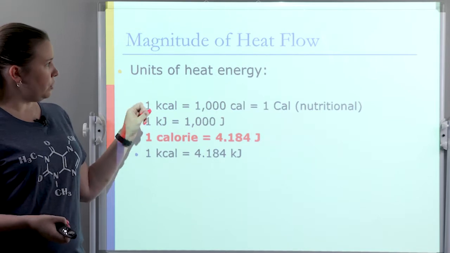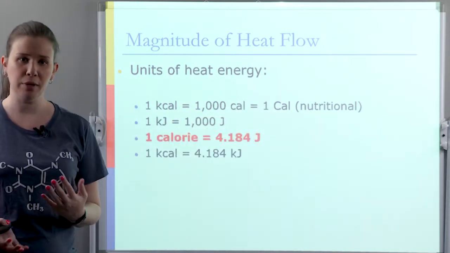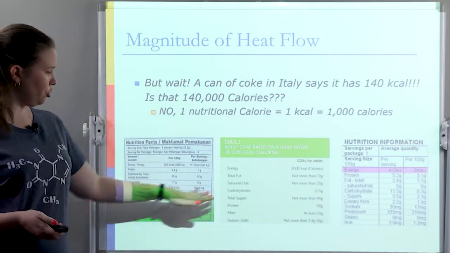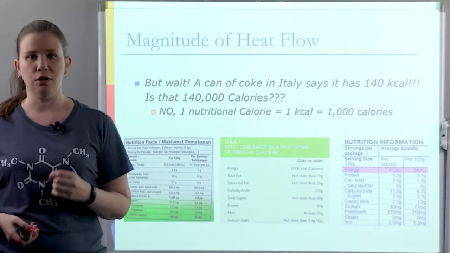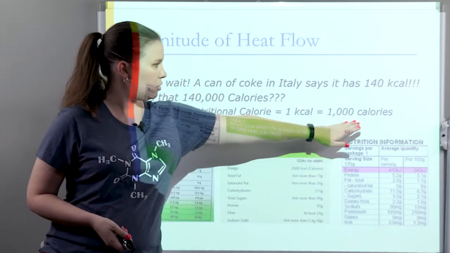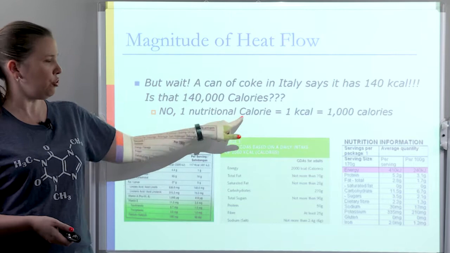Something else I want to note is you may have heard of calories just in the idea of a nutrition label. For example, if you pick up a candy bar, it'll tell you how many calories are in that candy bar when you look at the nutrition labels, things that look like this. Well, the nutritional calories are actually equal to 1,000 chemistry calories. 1,000 lowercase c calories, or a kilocalorie, would be equal to 1 nutritional calorie.